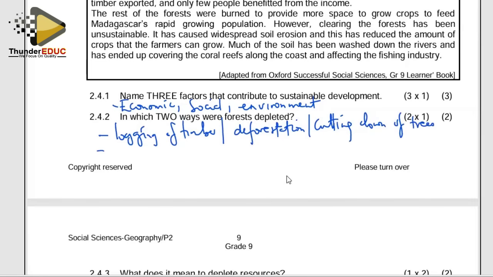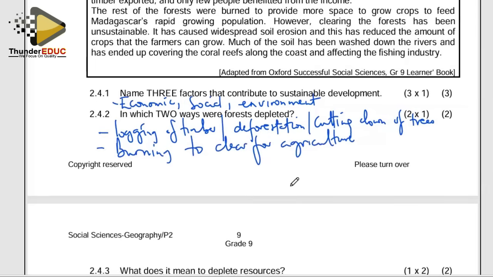Then we can also highlight the other way the forests were depleted. They were also depleted by burning. If you also check, they were burning the forests for what reason? Why did they choose to burn the forests? To clear for agriculture. That is how the forest got depleted.